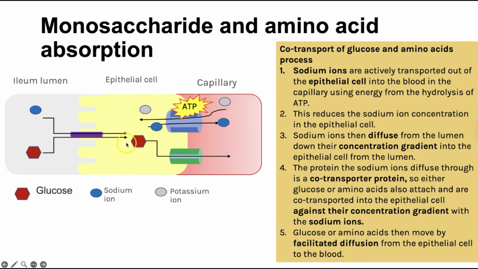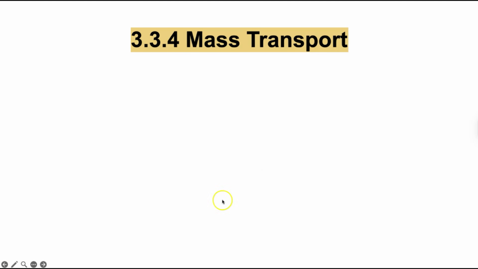Once inside the epithelial cell, we already have a concentration gradient: there'll be lots of glucose in the cell compared to in the capillary. That means glucose can move down its concentration gradient into the blood in the capillary by facilitated diffusion through a transport protein. It has to be facilitated because glucose is too large to move by simple diffusion through the phospholipid bilayer.